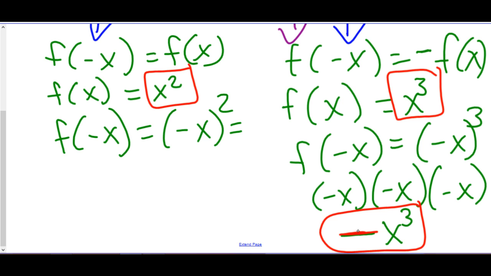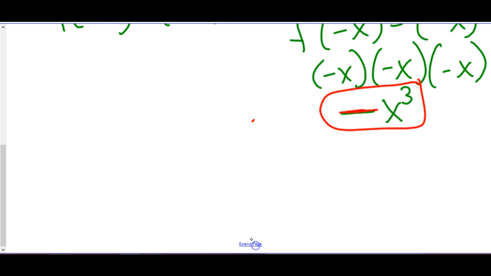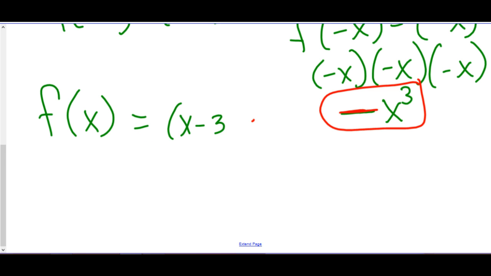So for a function to be neither, we said a quadratic works as long as it's on the y-axis. If it was off, it didn't work. So one of those would be neither. So let's say we have x minus 3 squared.